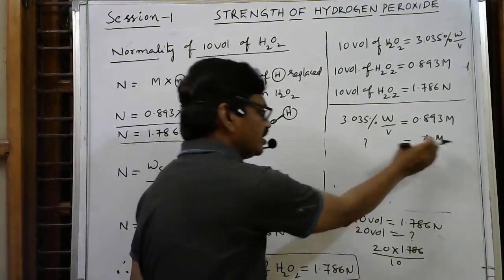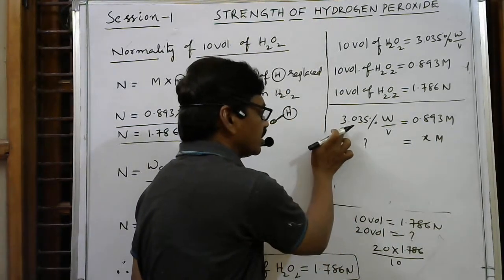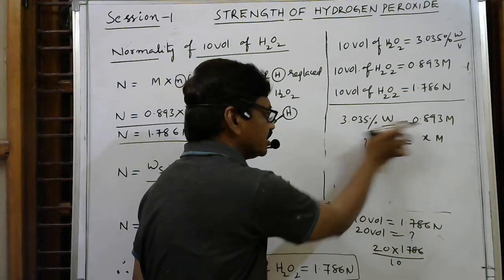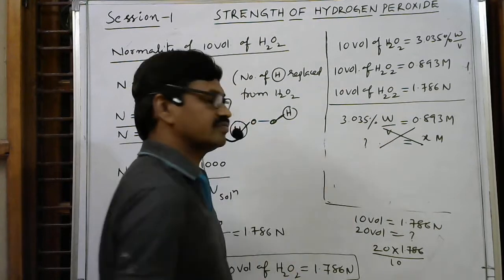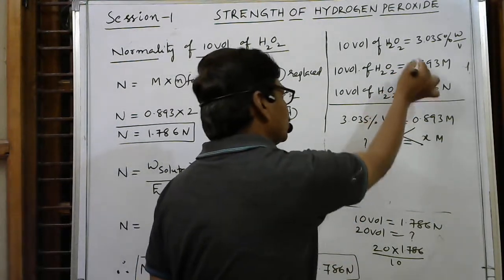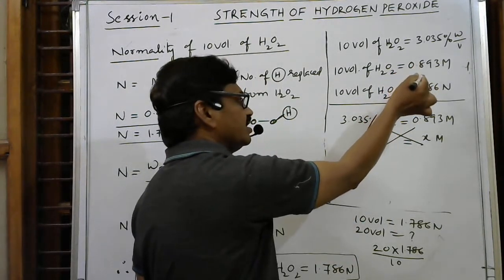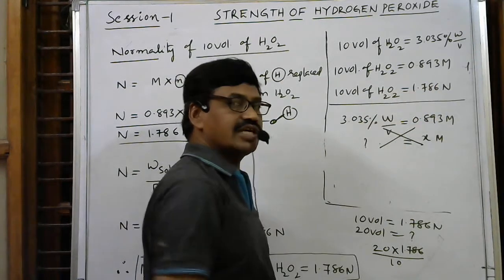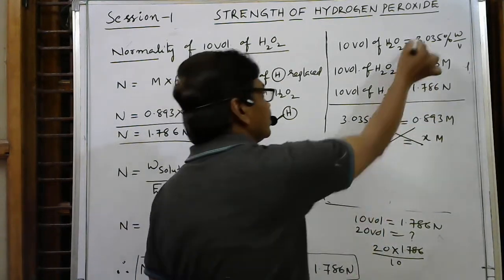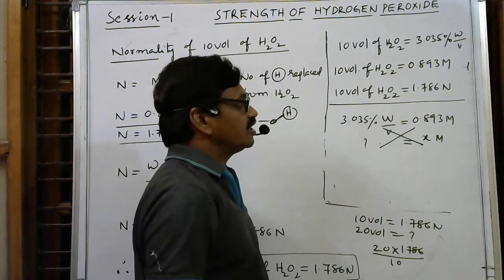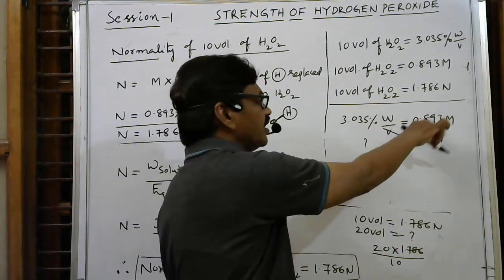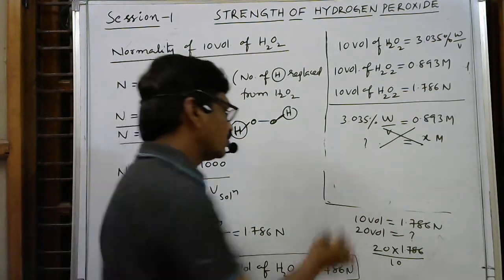Then how we can find: X molarity into 3.035 percentage by 0.893. This into this by this. Otherwise we can relate these two also. 0.893 M equal to 1.786 N. It is for 10 volumes. Otherwise we can relate these two: 3.035 equal to 1.786 N also. Like that also we can write.